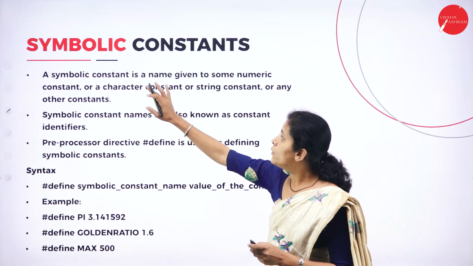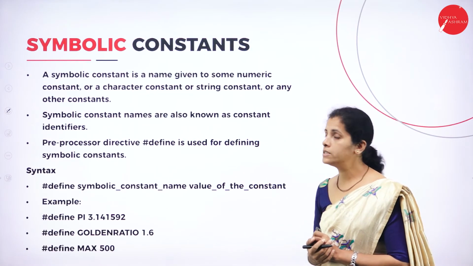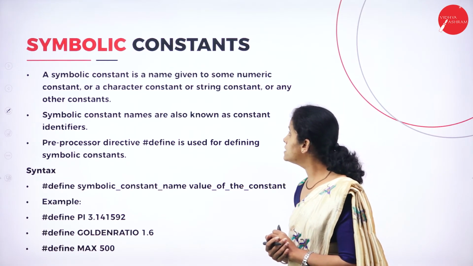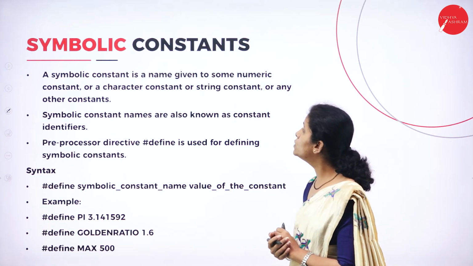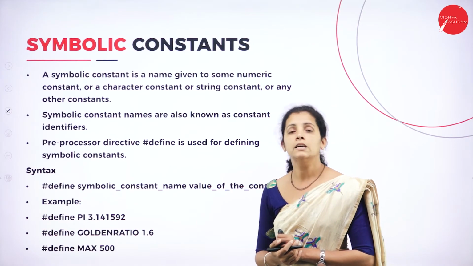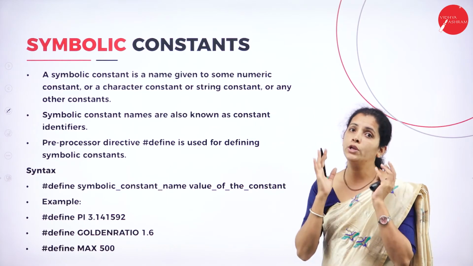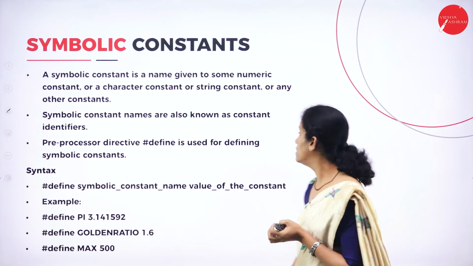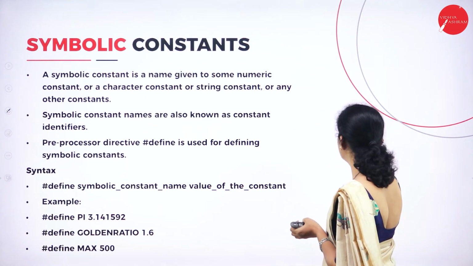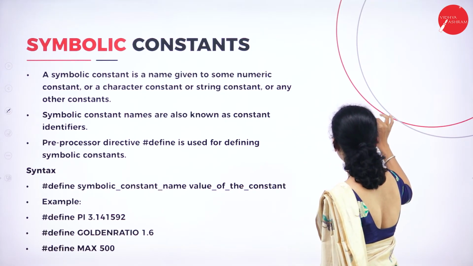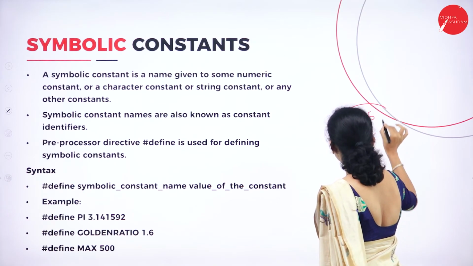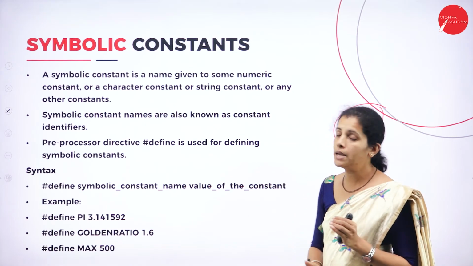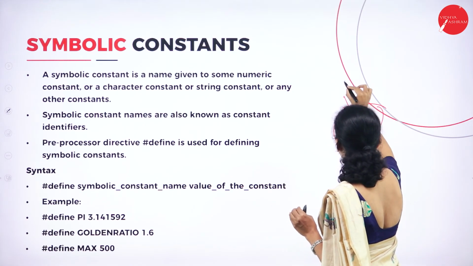Now I'm going to cover the symbolic constant. So what is a symbolic constant? A symbolic constant is a name given to some numeric constant. There are certain situations where I want to give some name to a numeric constant. For example, I know the pi value, 3.1415. Now I want to specify the name. I know the numerical value, but I want to specify the name, that is nothing but pi.